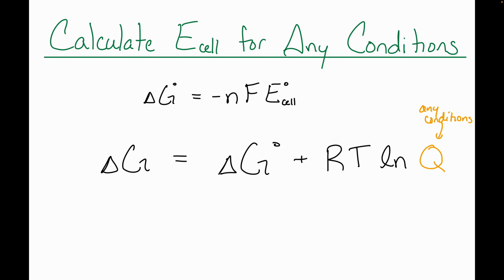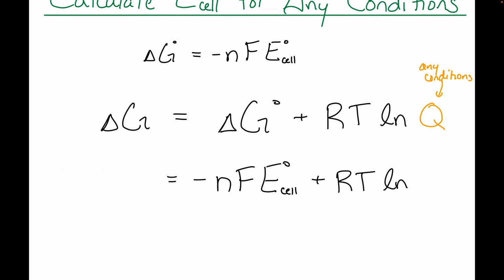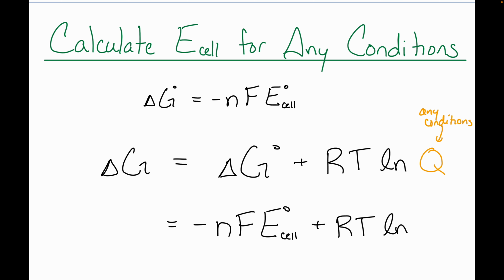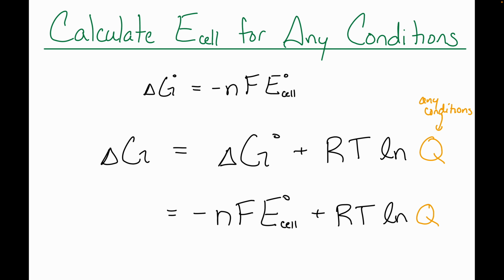All right, well, let's look here. We have delta G naught in this equation as well as in this equation here, so let's just substitute this in here. We're going to say that this is equal to negative NF E naught cell plus RT natural log of Q. That's because our delta G naught was negative NF E naught specifically.